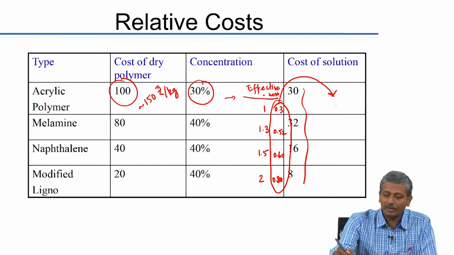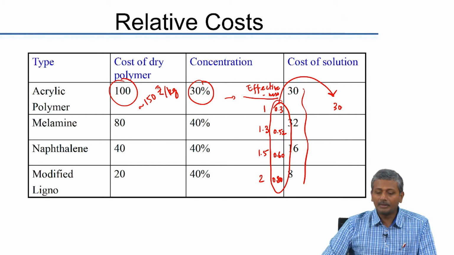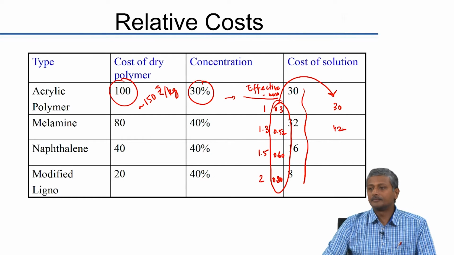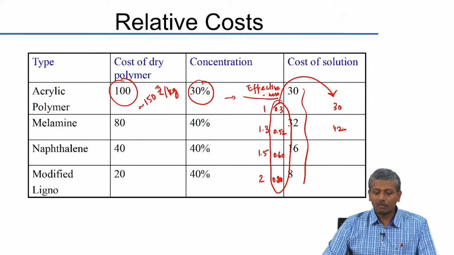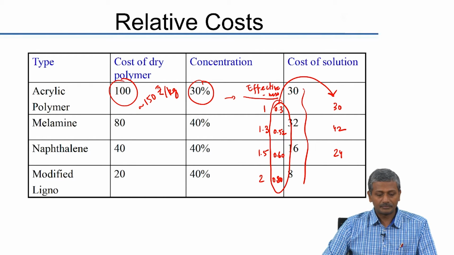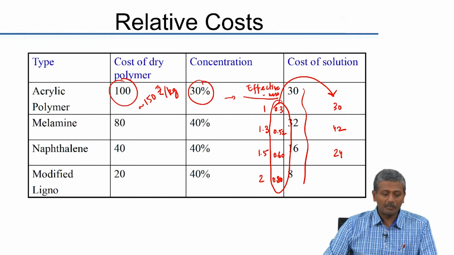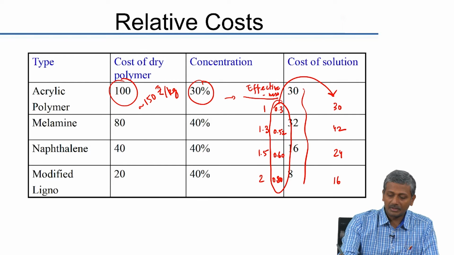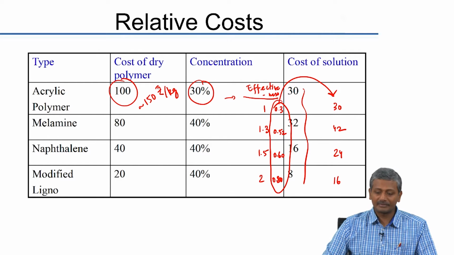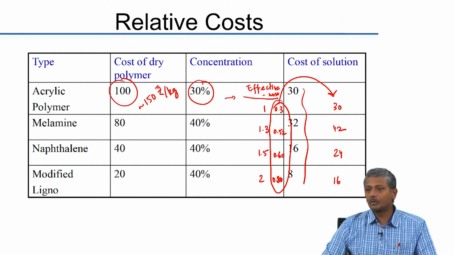So, 0.3 multiplied by 100 is 30, 0.52 multiplied by 80 is about 42, okay. 0.6 multiplied by 40 is about 24, right, and 0.8 multiplied by 20 is about 16. So, that is the cost in terms of the effectiveness, okay. In terms of the effectiveness, that would be the cost that I am looking at.